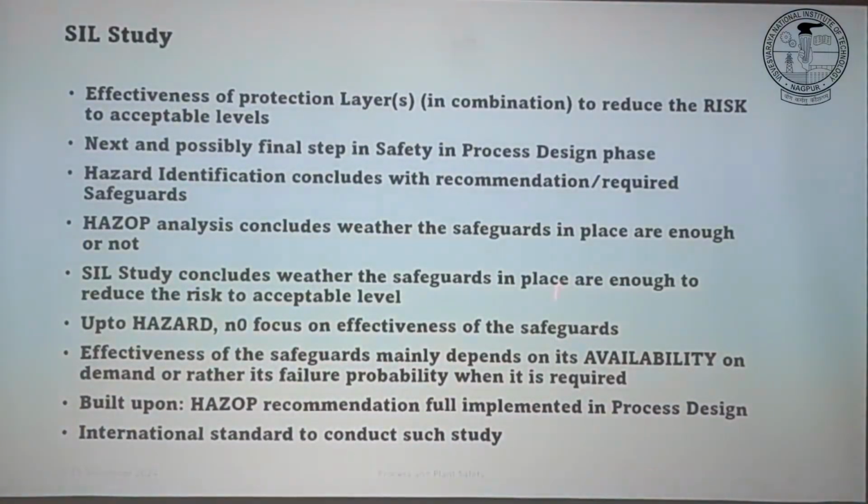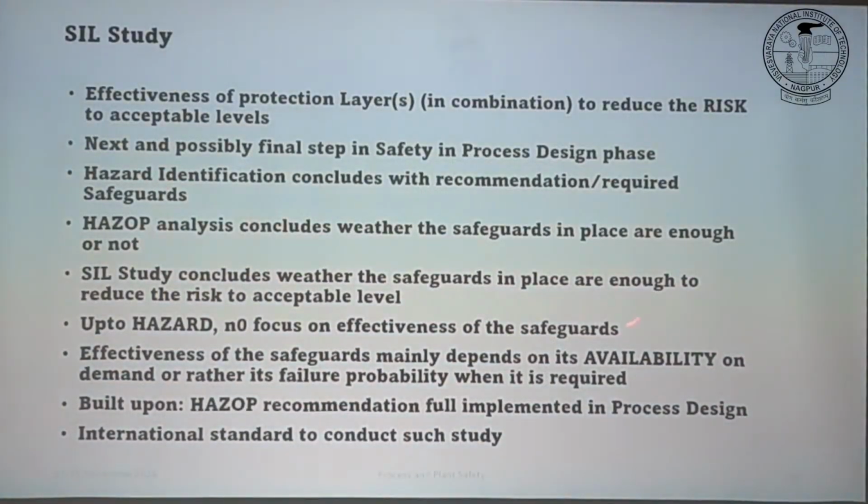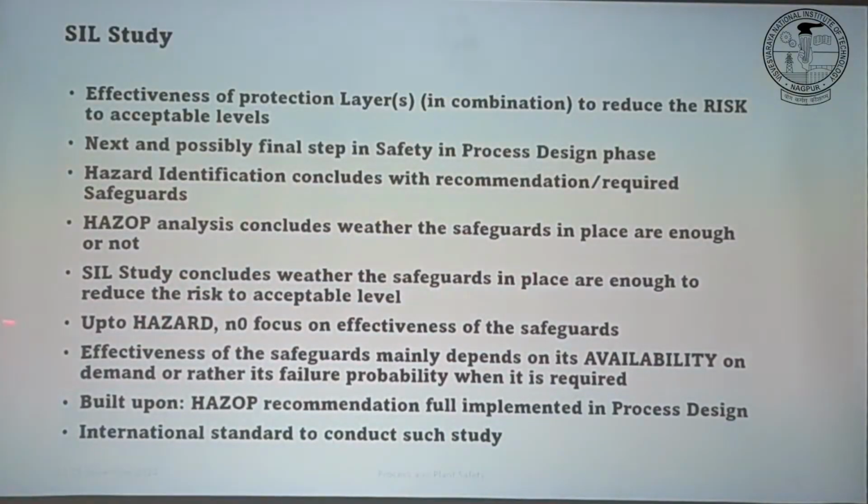And this is the last final step, at least in design, to come up with a safe process, safe plant. Right? So as we said, HAZOP concludes with some recommendation to provide safeguards. Yeah, so the safeguards in place are enough to reduce the risk to acceptable limits.